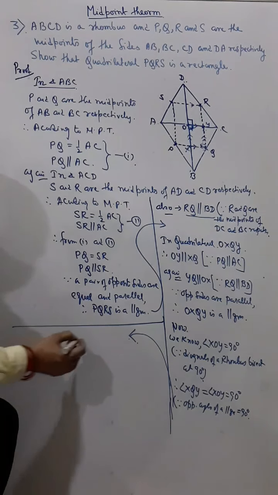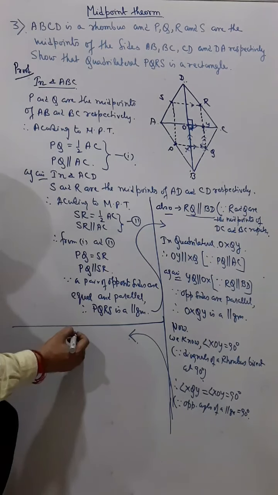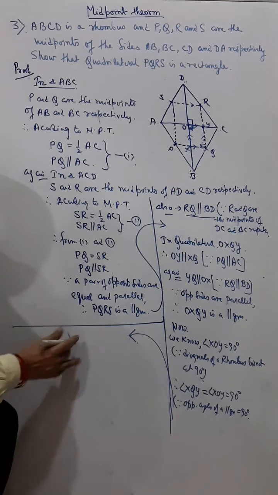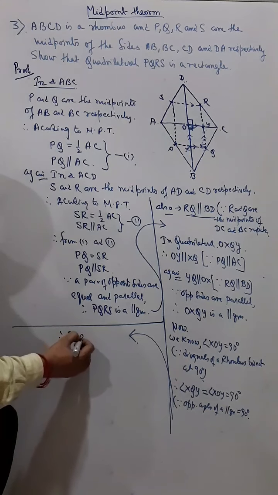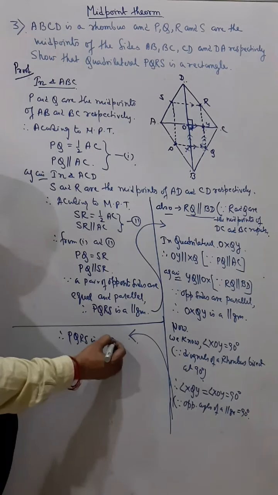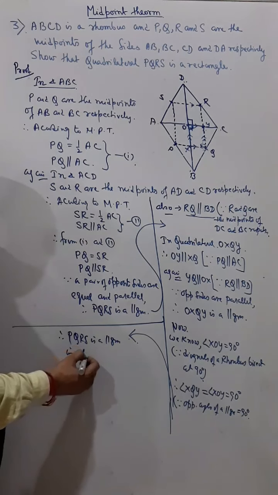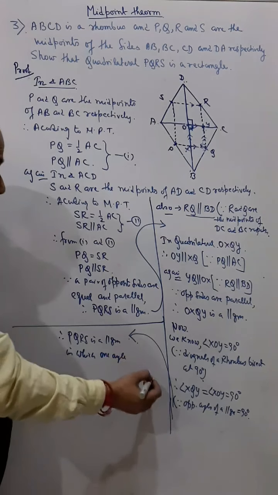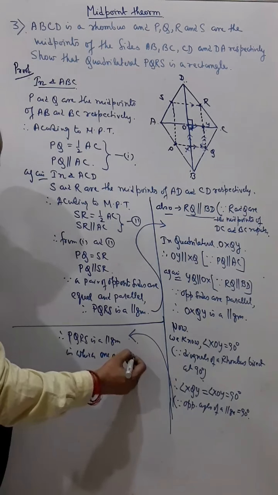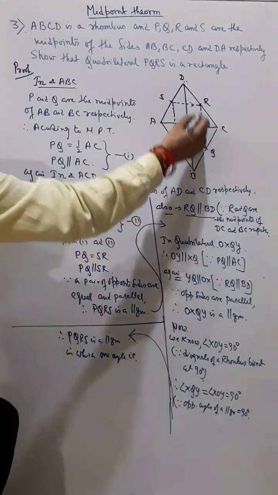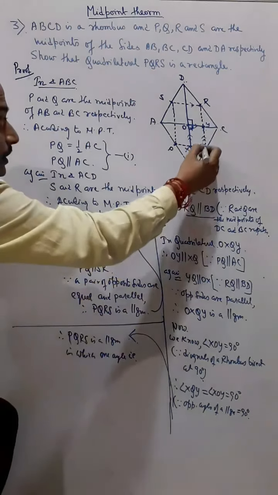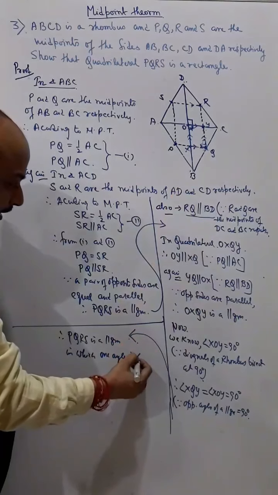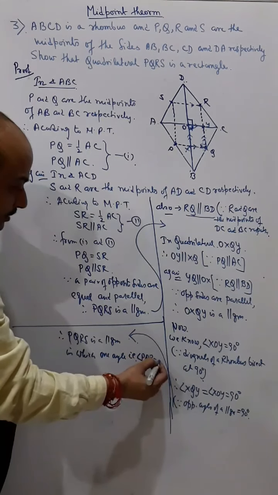So now we can see that PQRS is a parallelogram in which one angle, that is angle PQR, is equal to 90 degrees.